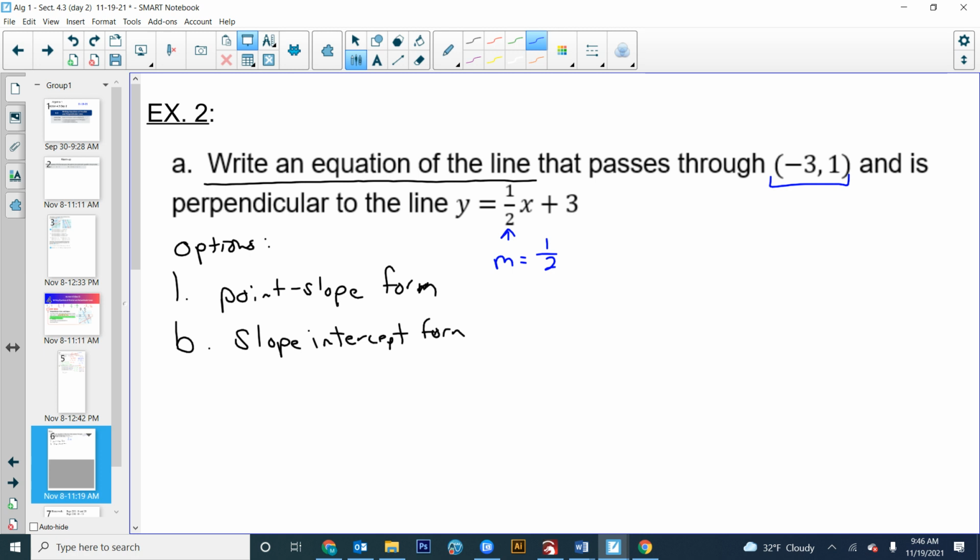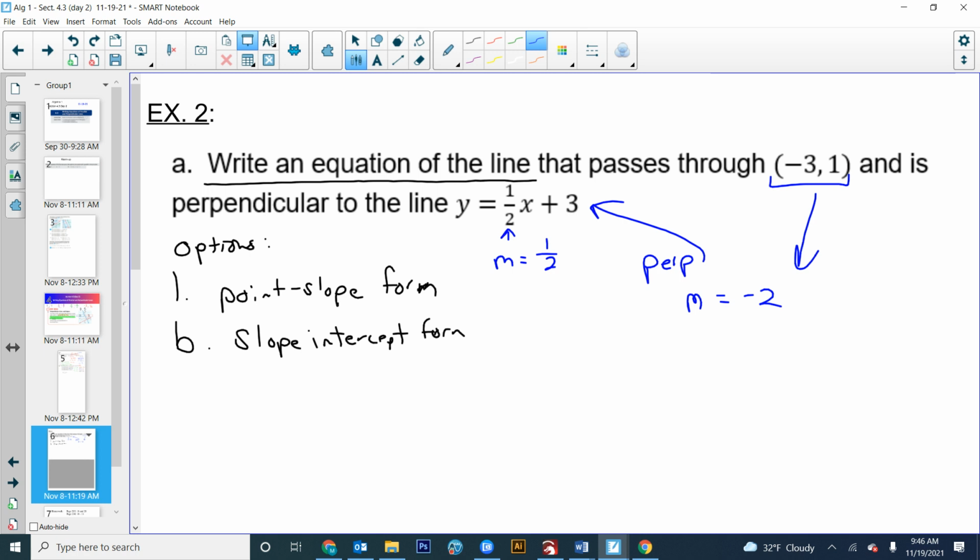Ours is going to be perpendicular to that line, so our slope is not 1/2, that would be parallel. It's -2. You could put -2 over 1 if it makes you happy. And our point is -3, 1.